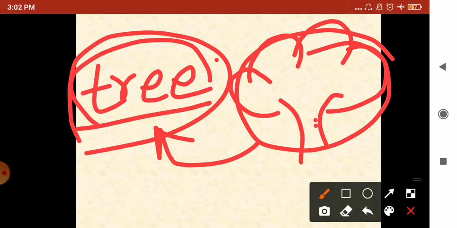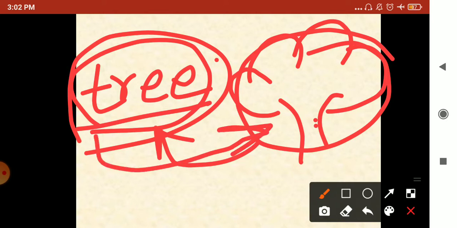This is a symbol, and there is no one-to-one relationship between the symbol and the object it represents. The relationship between TREE and the real object it denotes is arbitrary and conventional.